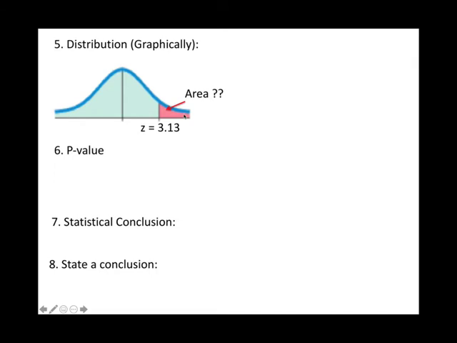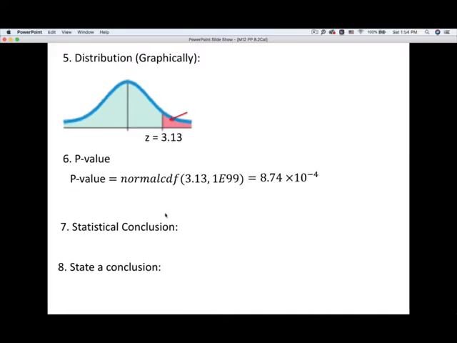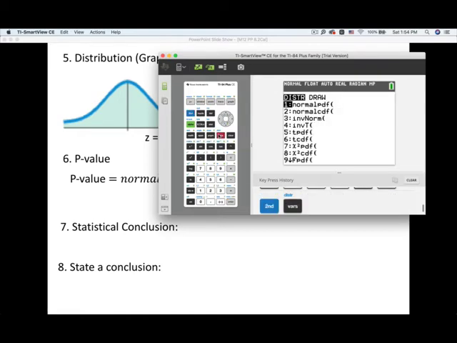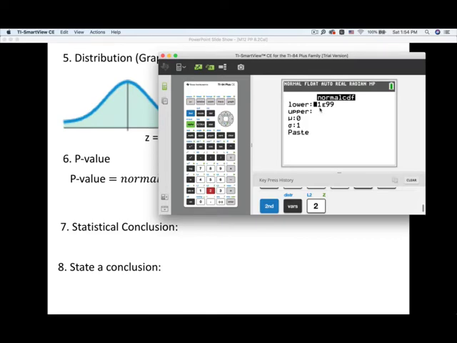So use the test statistic to find the area of the right tail. We're going to use the normal CDF. Lower value will be 3.13, upper value 1E99. Use the calculator. You should see 8.74 times 10 to the power of negative 4. When you're using the normal CDF, you're going to do second vars, choose number 2 for the normal CDF. So lower value, that will be 3.13.